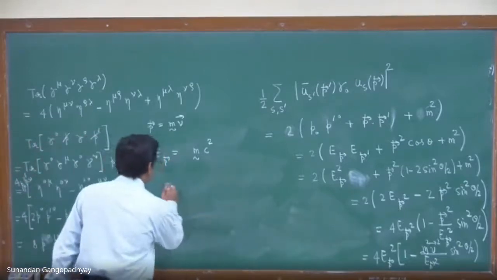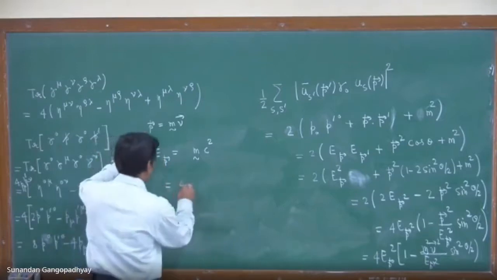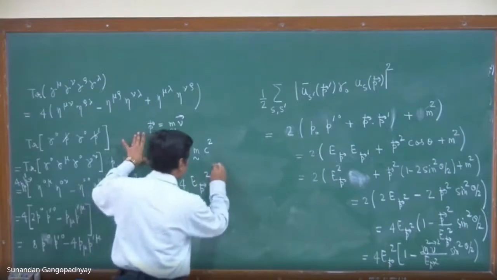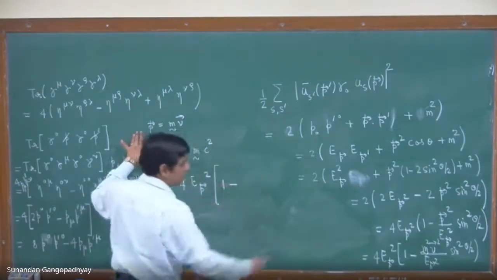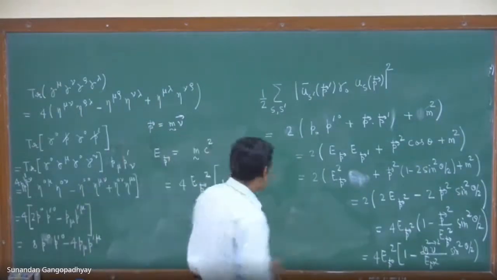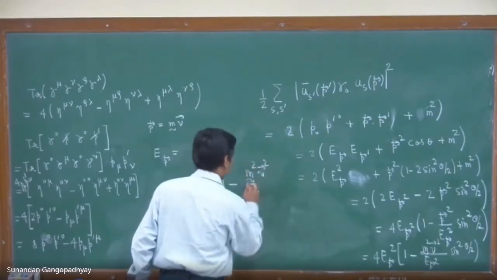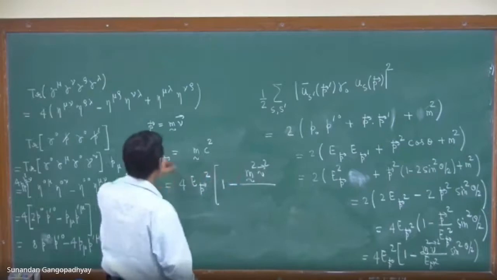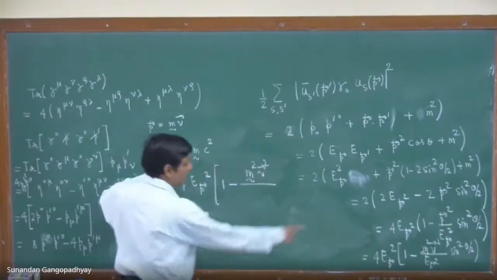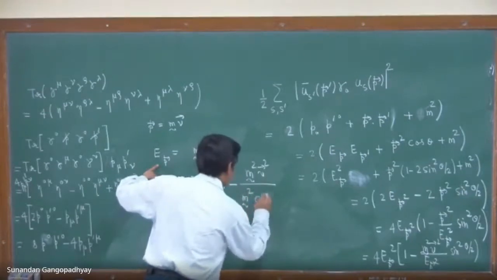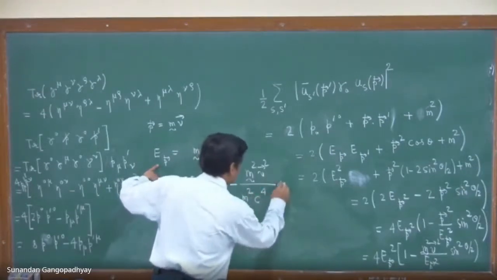So this actually gives us 4 e square (1 minus ...). So this is m tilde square p vector square divided by E_p square, that is m tilde square c to the power 4, sine square.